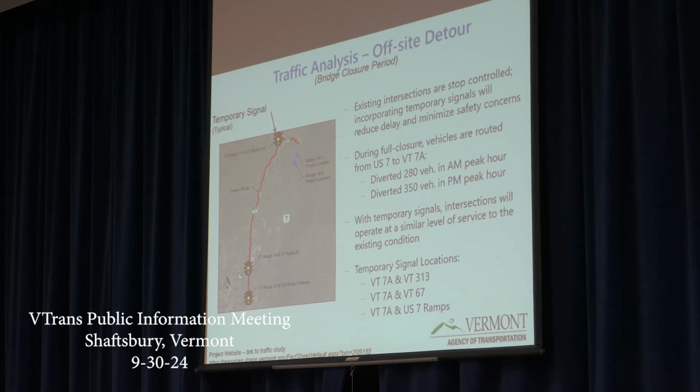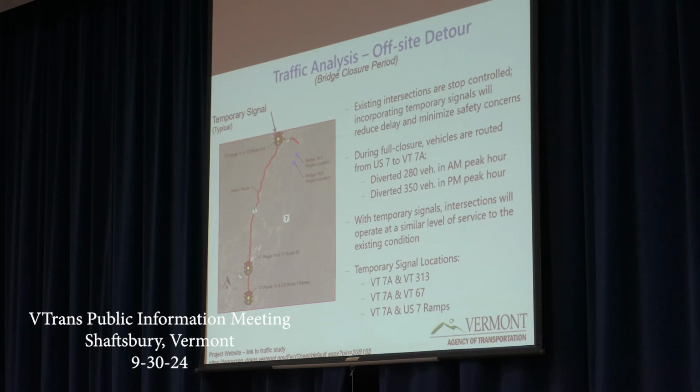So our traffic analysis for the off-site detour, the existing intersections on Route 7A are stop controlled, and we're proposing to incorporate temporary signals to reduce delay and minimize safety concerns. During the full closure, the vehicles will be routed from Route 7 to 7A.